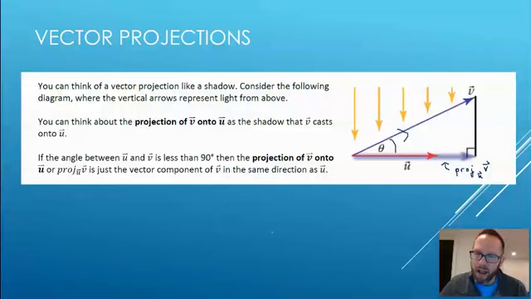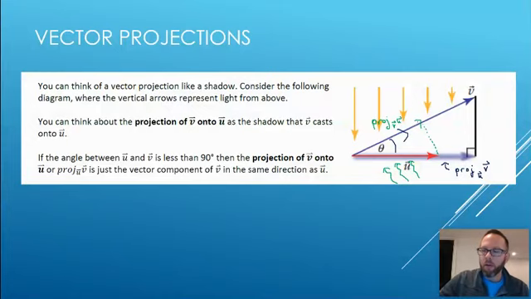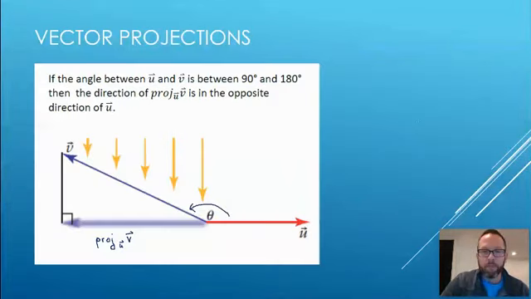You don't need to add this to your sheet. We would imagine the light source coming in perpendicular to vector v, if we were projecting onto v, and the vector projection of u onto v would look something like that. So it's not interchangeable. The projection of u onto v is different than v onto u.